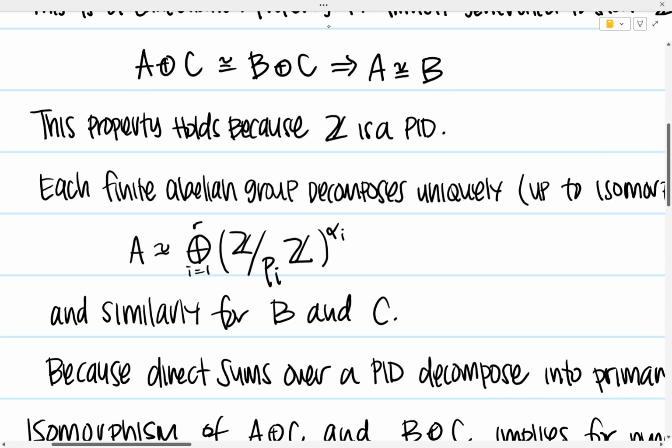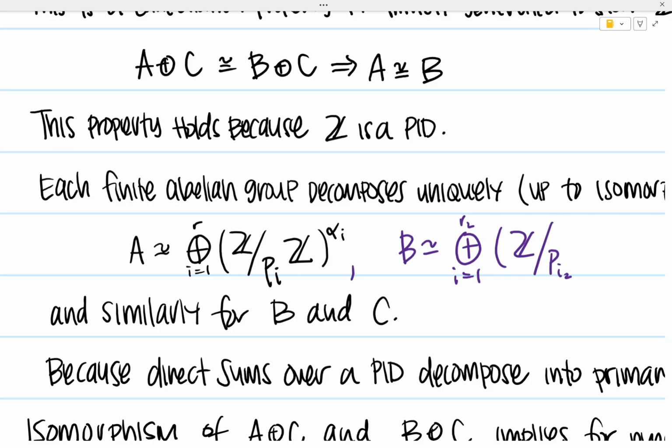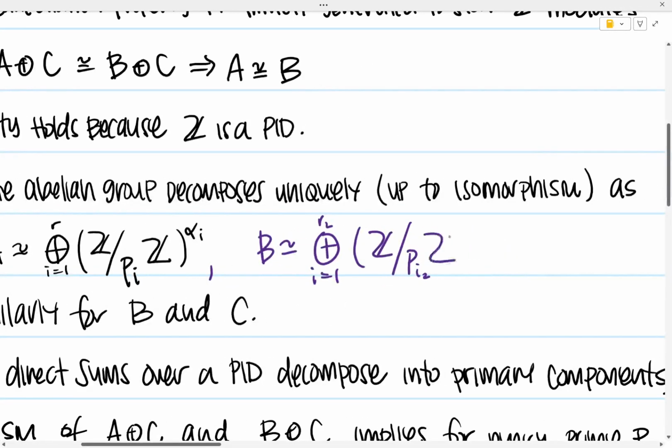Now, this is kind of annoying to write out because we know what we're saying, right? We can put like an R2 here and then put Z, P I2, Z alpha I2. And you can just do that, or you could even put B, it's just the indices get so ugly.